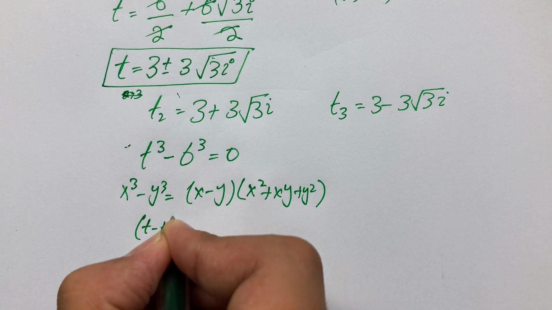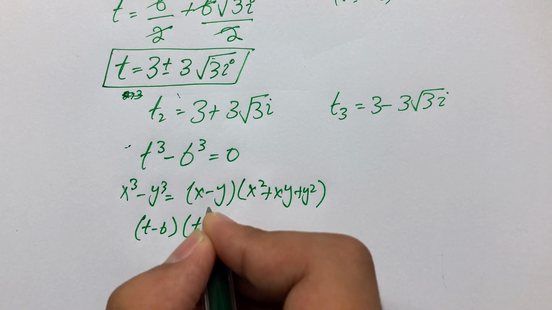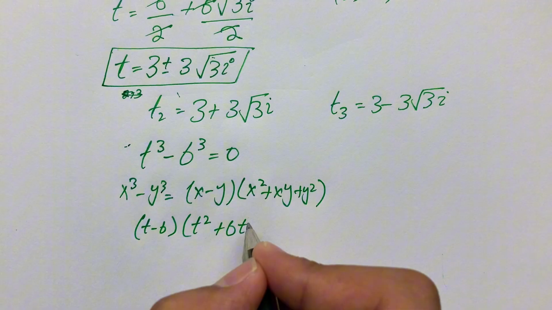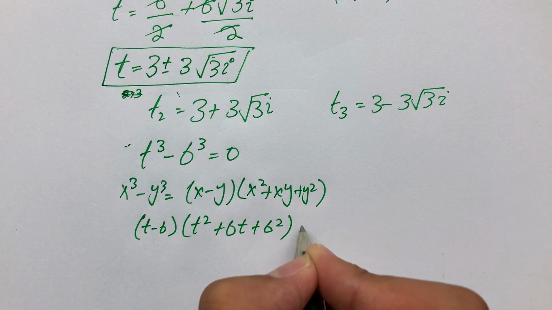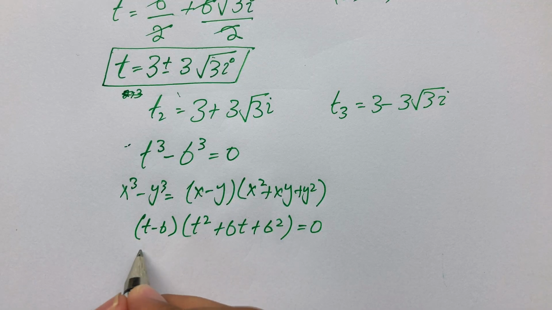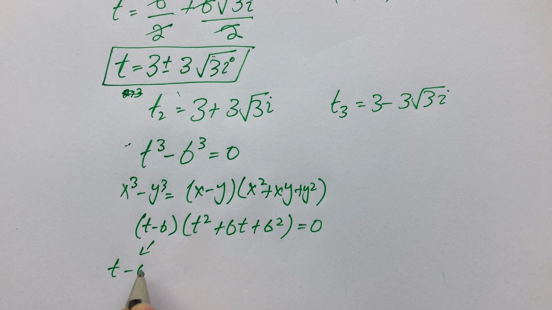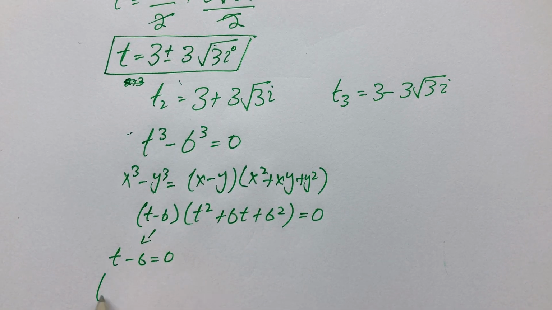T minus 6 into t square plus 6t plus 6 square is equal to 0. Now t minus 6 is equal to 0 and t4 is equal to plus 6.